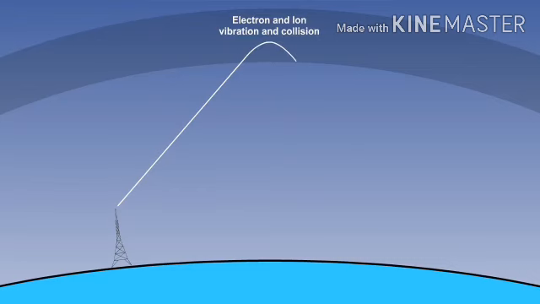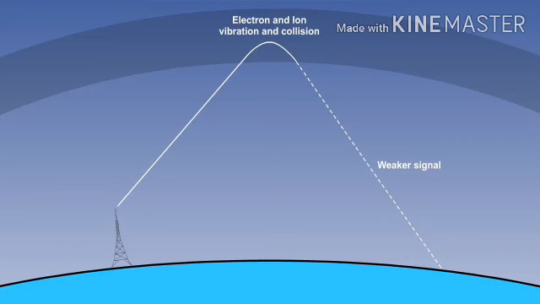This results in the electrons vibrating, which can cause them to collide with other molecules, ions, and electrons. Each collision dissipates a small amount of radio signal strength as energy is transferred from wave to particle, and the radio wave returning to Earth will have lost some of its strength.